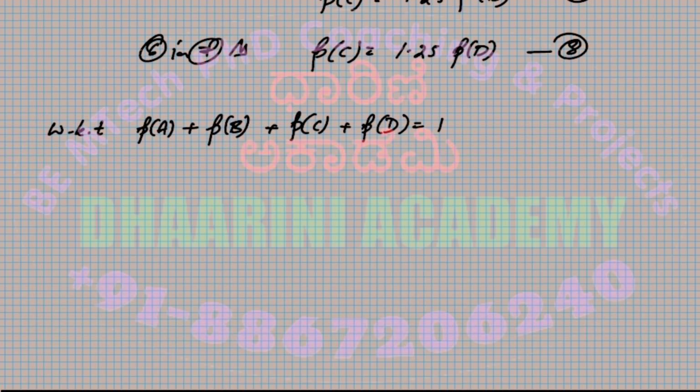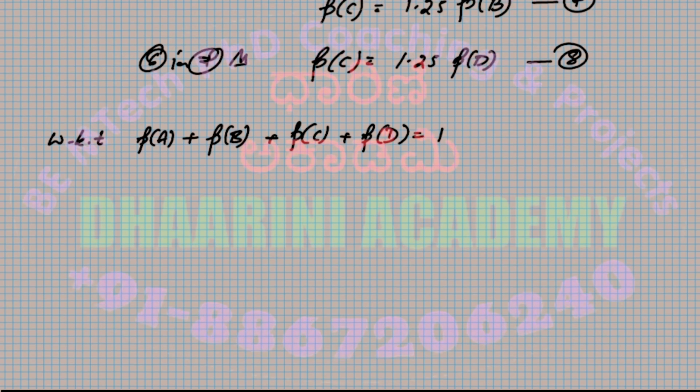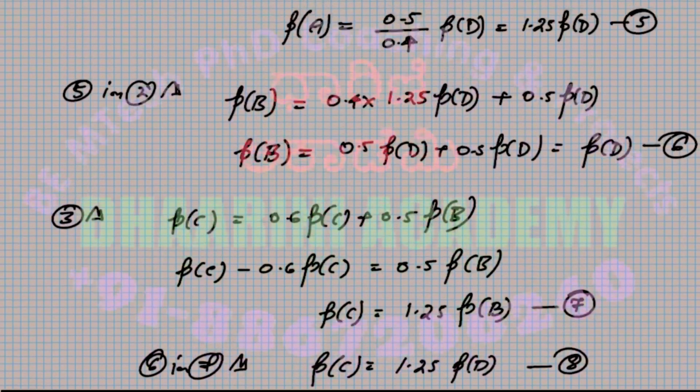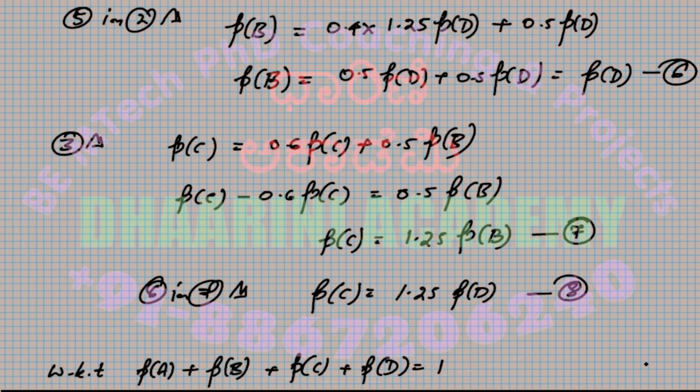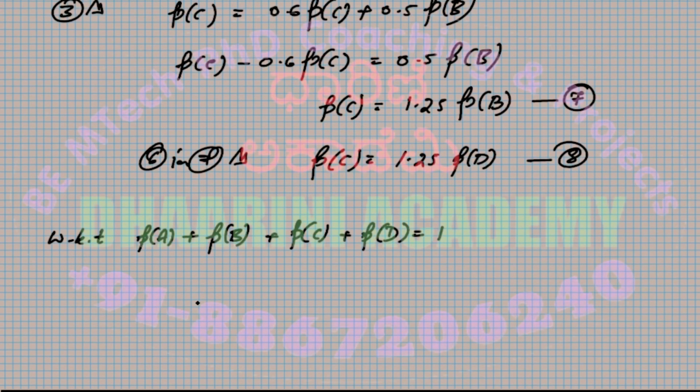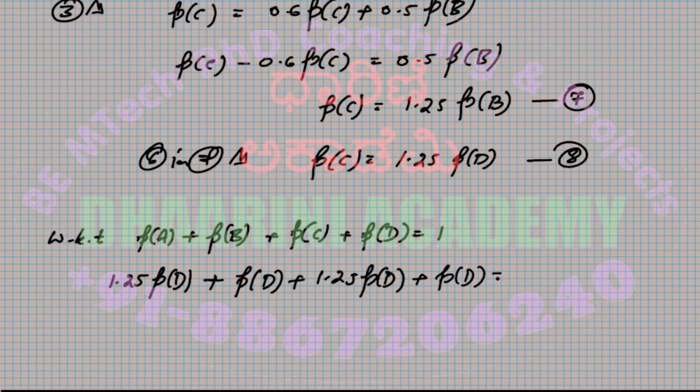Now we try to convert everything in terms of P of D itself. P of B is P of D. P of A is 1.25 P of D. So let's try to substitute. So P of A is 1.25 P of D plus P of B is P of D itself, plus P of C is 1.25 P of D plus P of D equals 1.